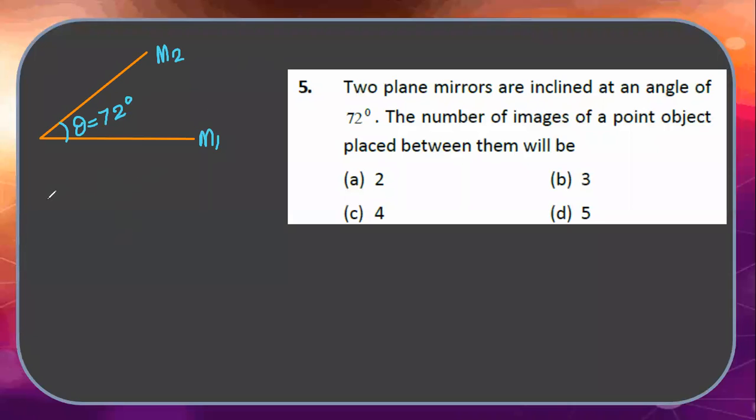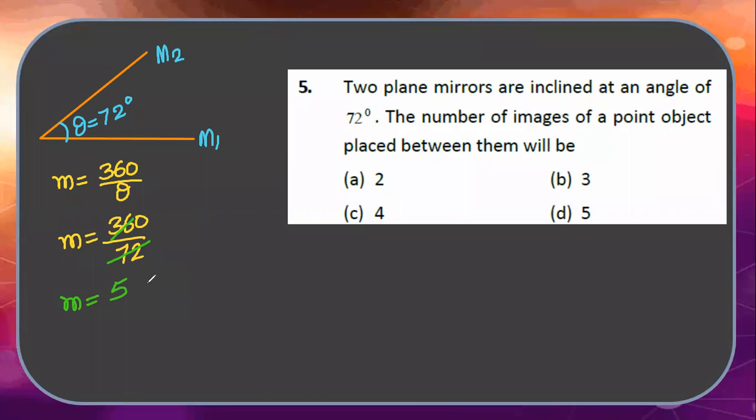First, M is equal to 360 divided by theta, so M is equal to 360 divided by 72. 7 fives are 35, so M is equal to 5.